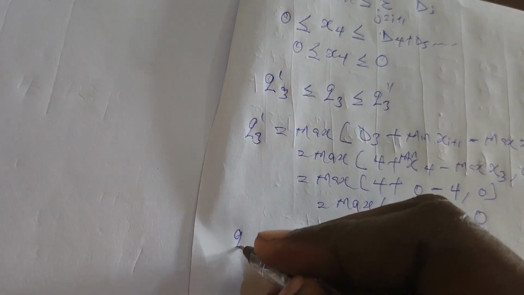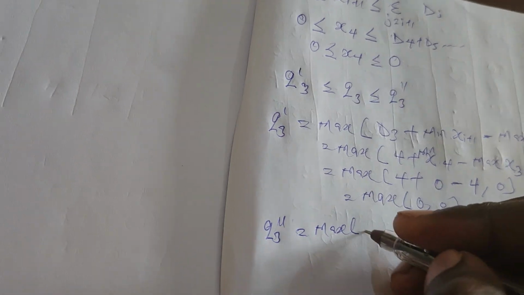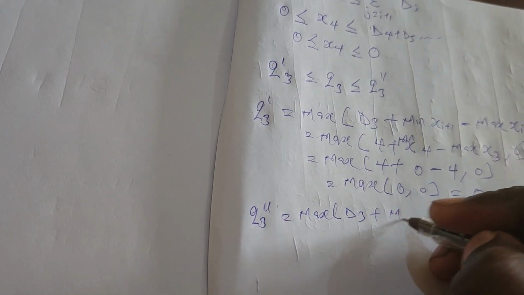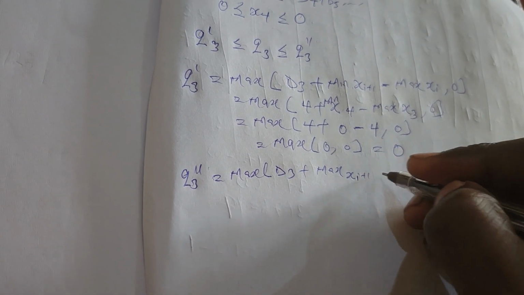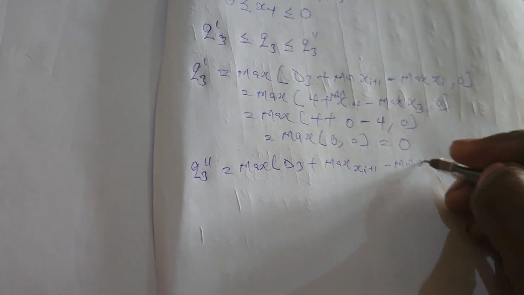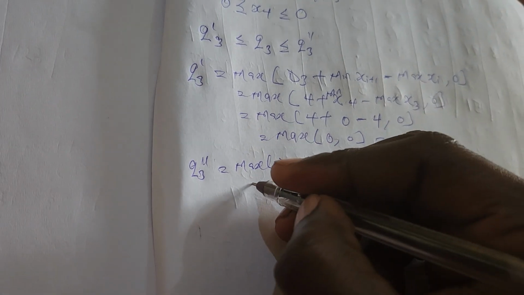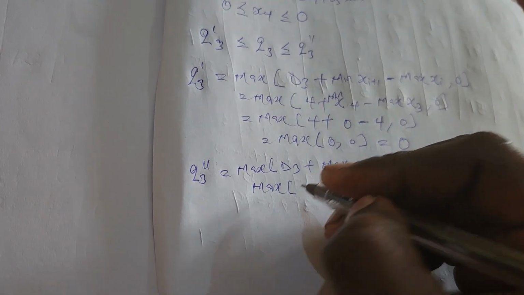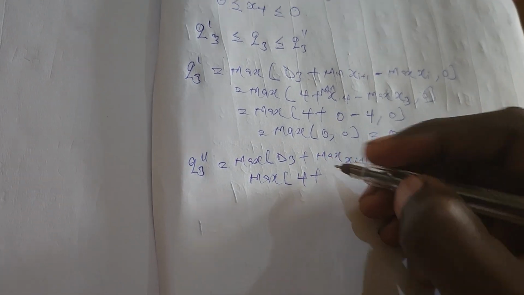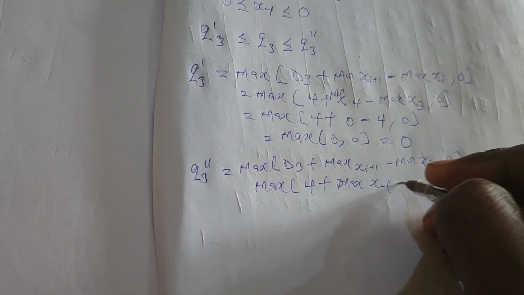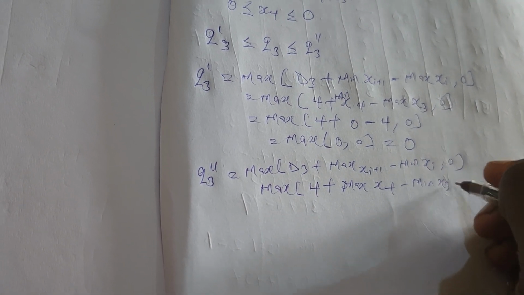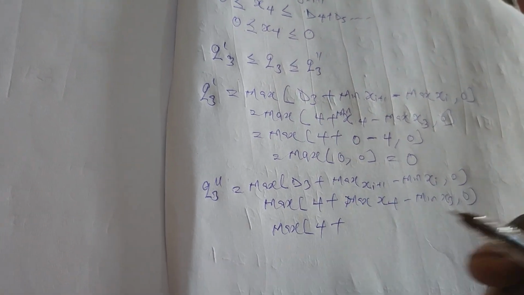So for the second one, the upper bound now: D3 plus the maximum of x_{i+1} minus the minimum of x_i, 0. That's 4 plus the maximum of x4 minus the minimum of x3, 0.